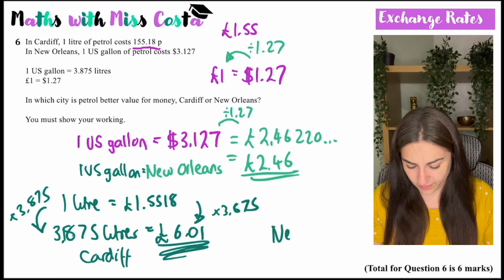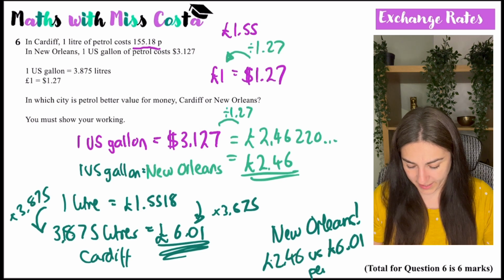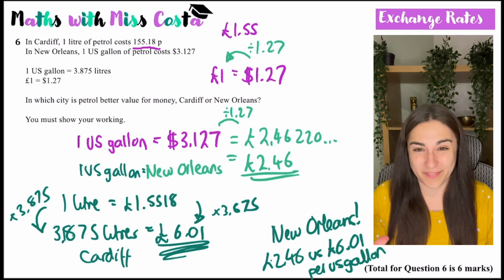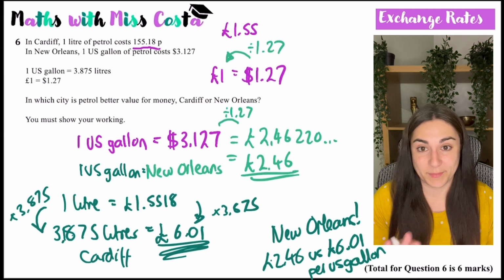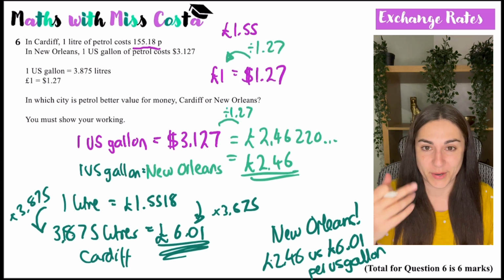So therefore, it is much cheaper in New Orleans, £2.46 versus £6.01 per US gallon. You could have done this and compared the litres, you could have compared in dollars. It doesn't matter as long as you've got 2 things that you compare and you say which one's which.